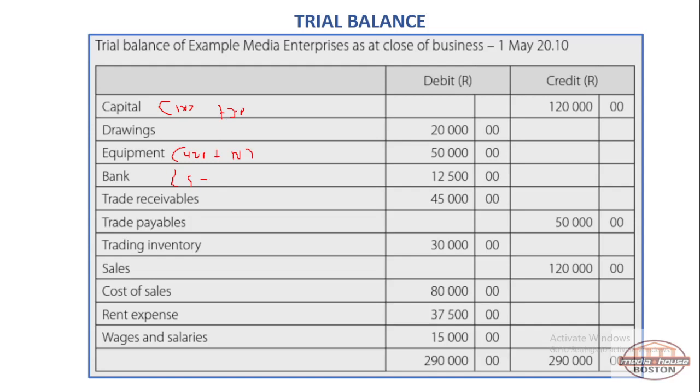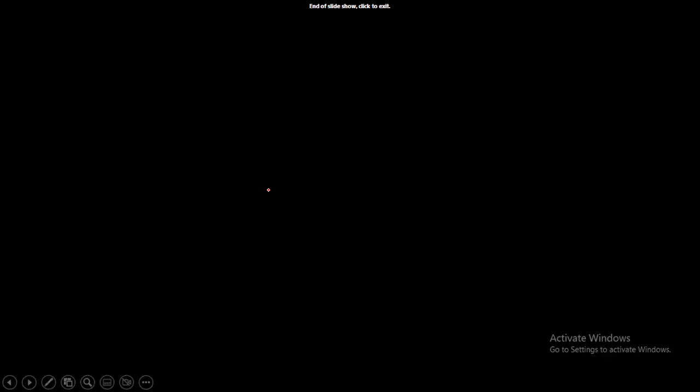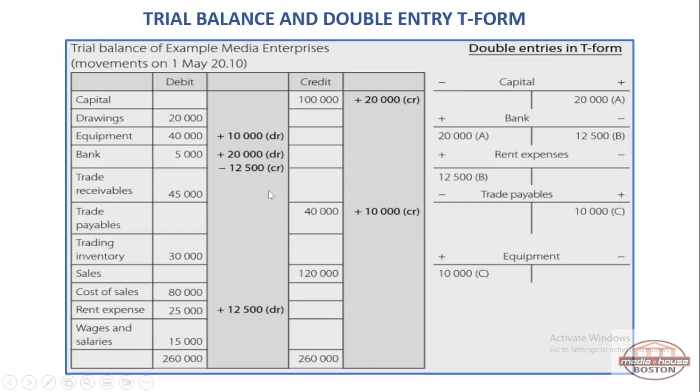So since we're receiving 20,000 from the owner, we're gonna come and say plus 20,000, which was the first. Then minus the 10,000 that we spend on the new assets. So therefore this will give us a total of 12,500 based on the information that we received.